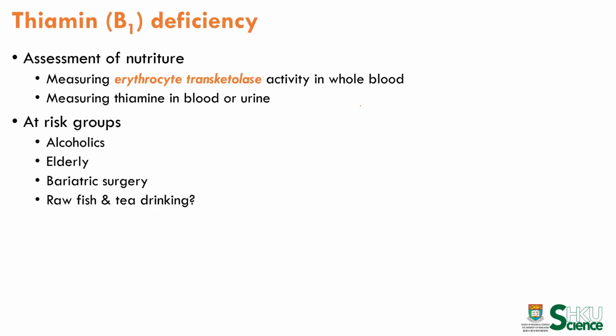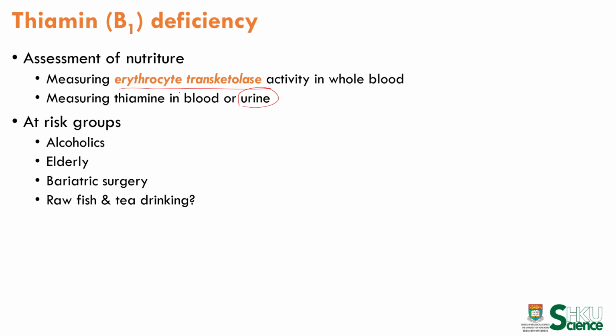So how do you assess thiamine deficiency? You need to make use of a test called erythrocyte transketolase activity in the blood, because transketolase is an enzyme that requires TDP as a cofactor. Now, you can't use thiamine in urine as a very accurate indicator, as I've mentioned, because thiamine can be excreted in many different forms of metabolites.